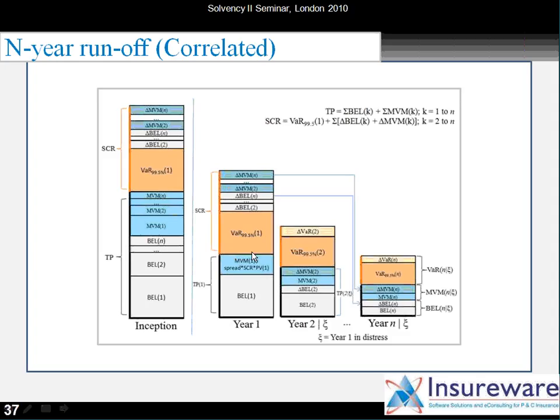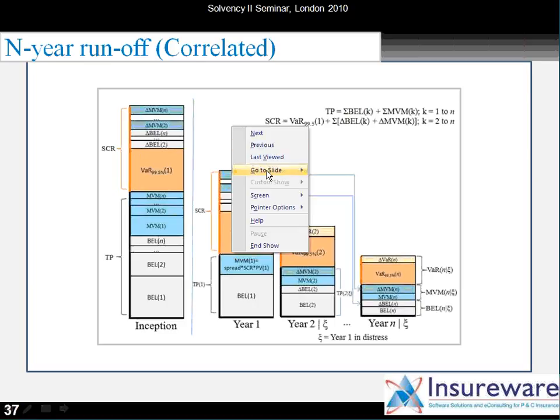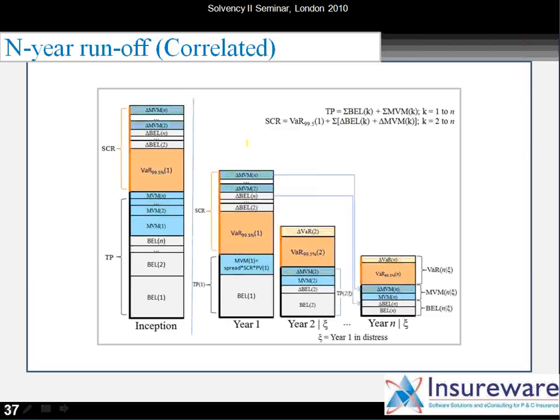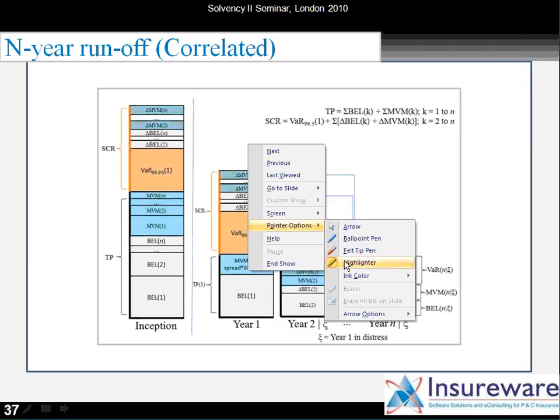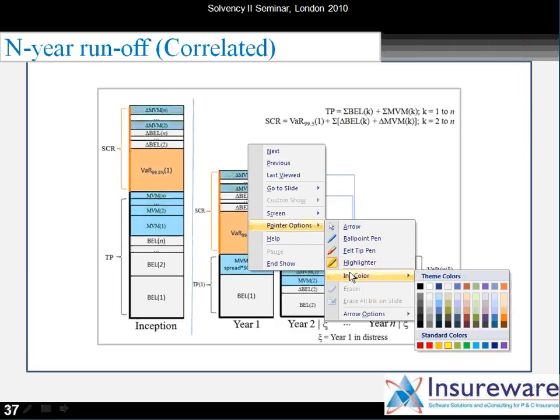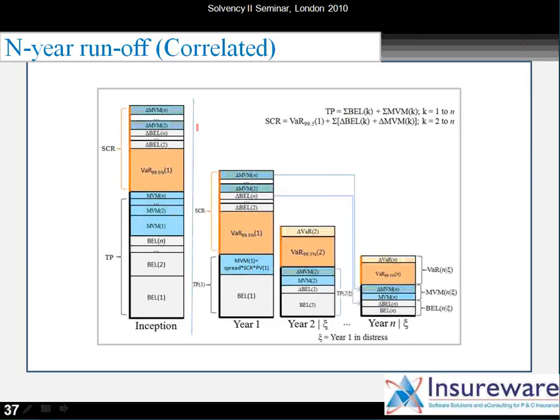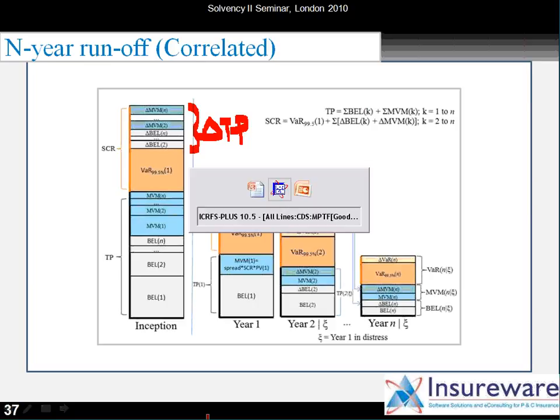Let's just check there. The SCR is the VAR plus the delta TP. So that's the delta TP, and you can see that in our example here, it's pretty large.